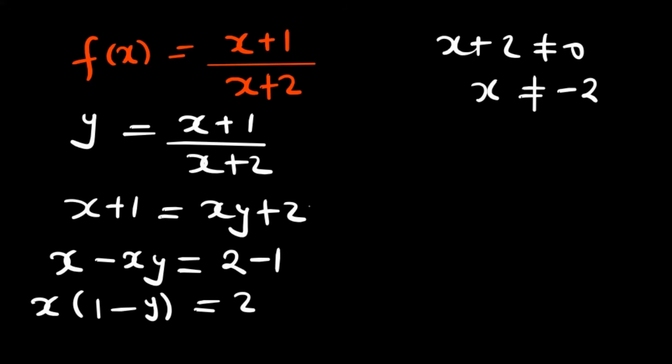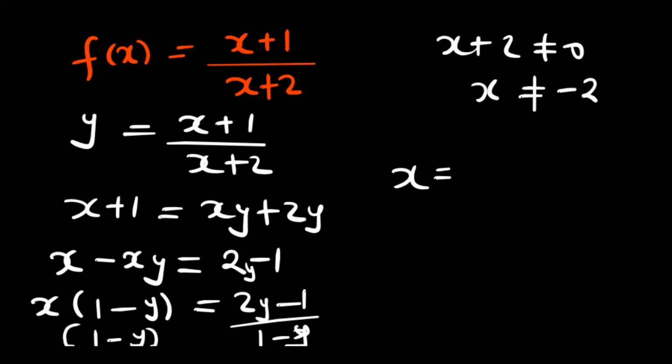So this is 2y, I can put the y there, so 2y minus 1. Then I'm going to divide on both sides by 1 minus y. So x therefore is equal to 2y minus 1 over 1 minus y. So that is what we have.